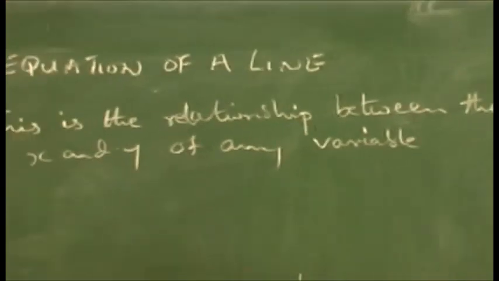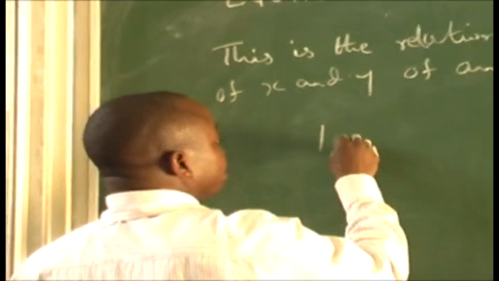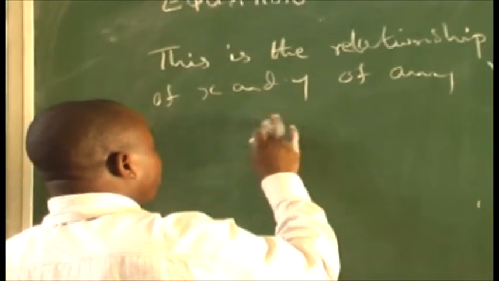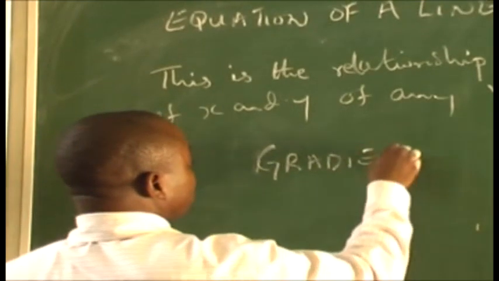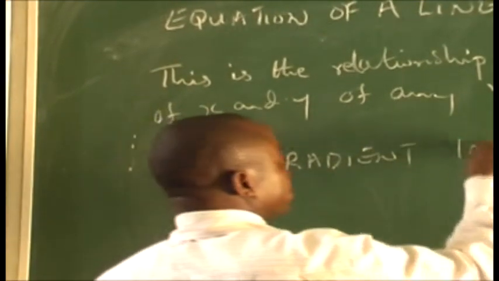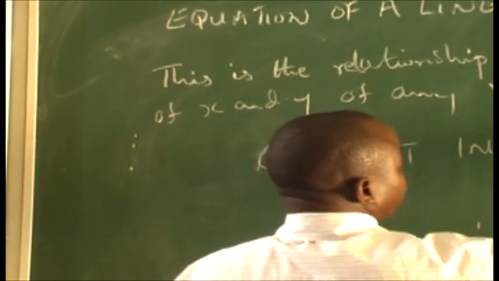Now we are going to take the equation of a line in different forms. First one we are going to take is the gradient intercept form.